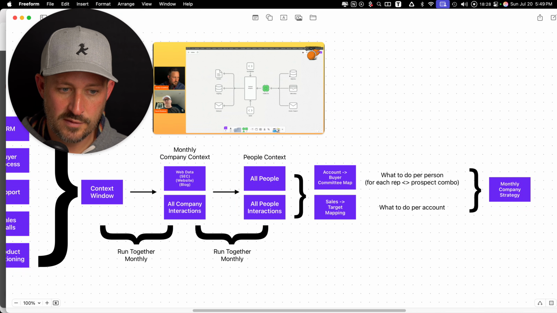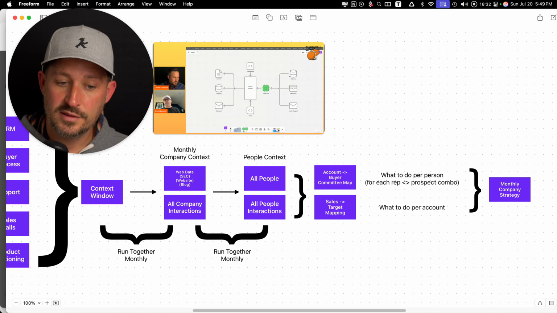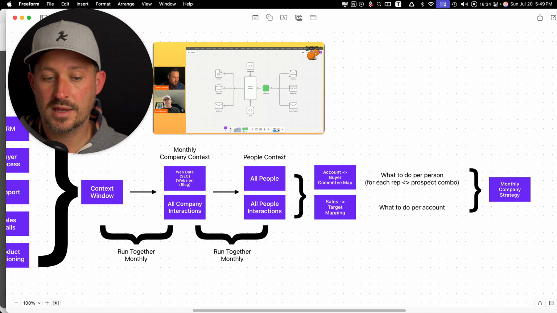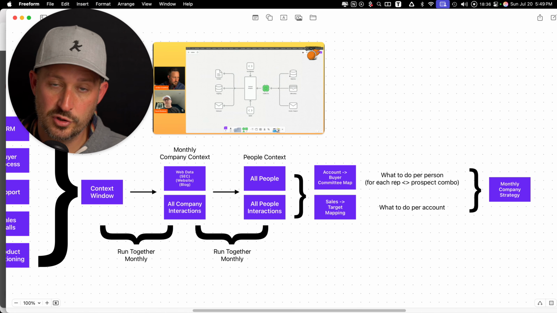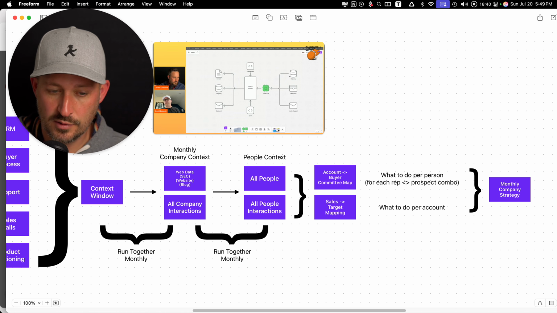It may even look like these are what marketing channels you should be in and why. These are what sales channels you should be in and why. Here is what each rep should be doing and why. Here are the channels that you should focus on and why.